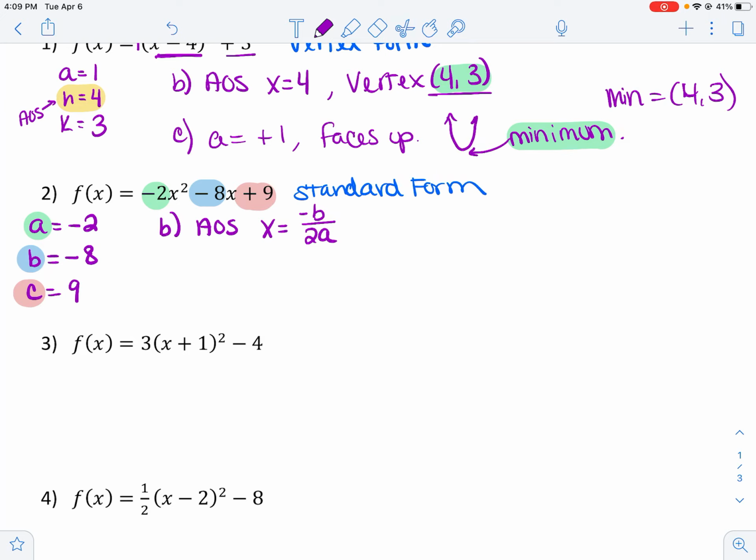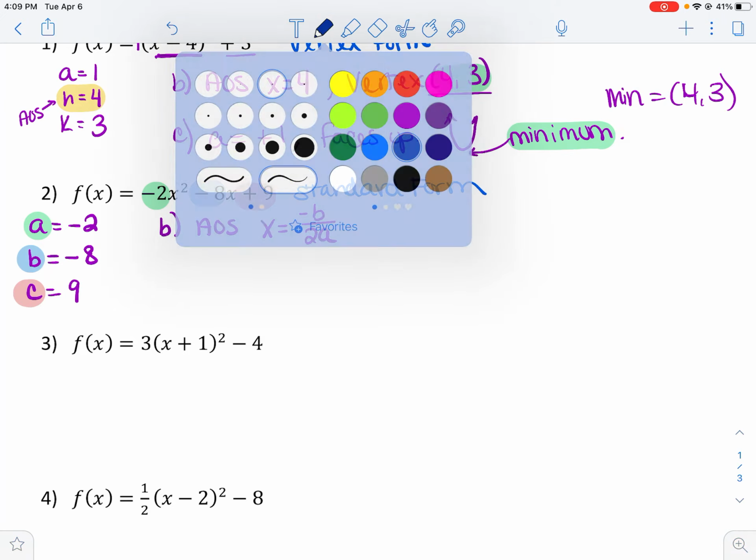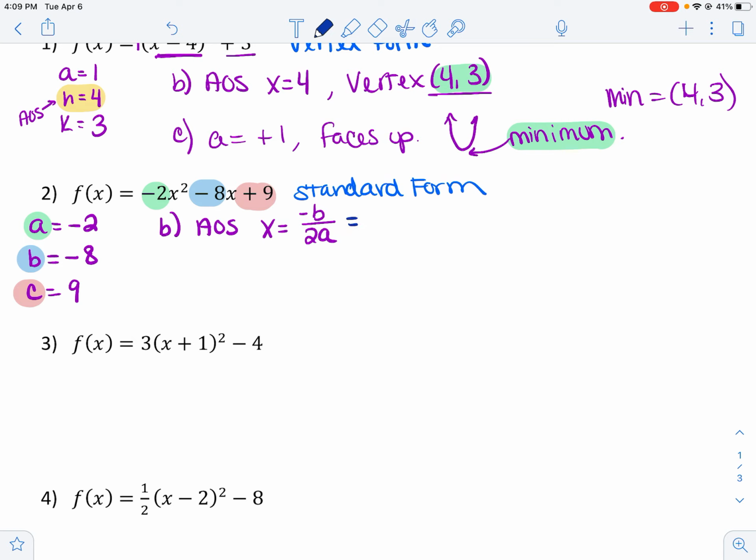I just need to substitute in a and b. My b is negative 8, so I have negative 8 divided by 2 times negative 2, which would be positive 8 divided by negative 4, which would be negative 2. So that is my axis of symmetry. That's the x value where the center of this graph will be.